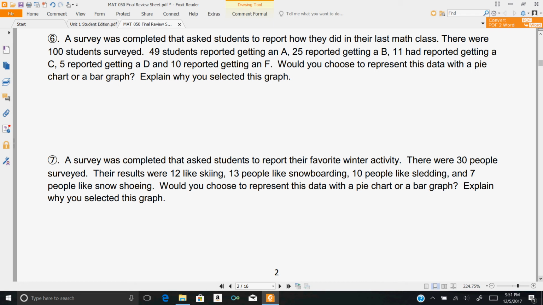If we add those numbers together, 49 plus 11 gives us 60. 60 plus 25 gives us 85. And 85 plus 5 gives us 90.